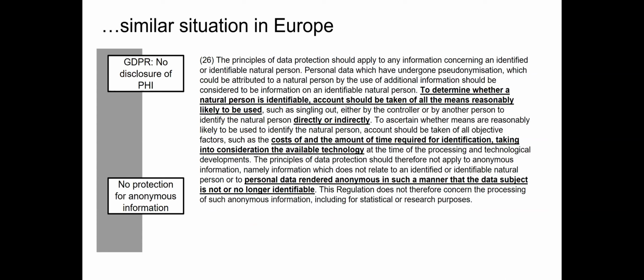You need to take into account also the cost and the amount of time required for identification, and which technology is available. However, the conclusion is similar: if the data is rendered anonymous, such that the subject is not identifiable, then it's not covered by GDPR.